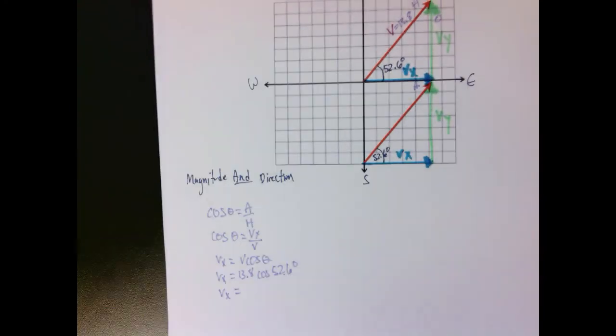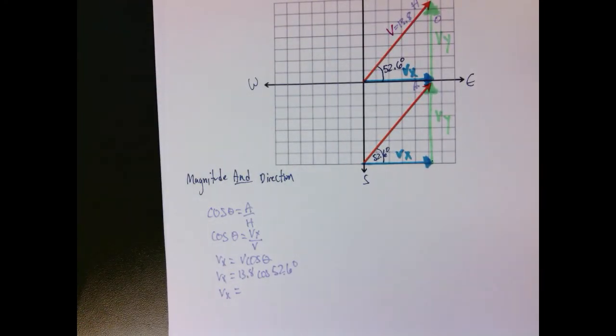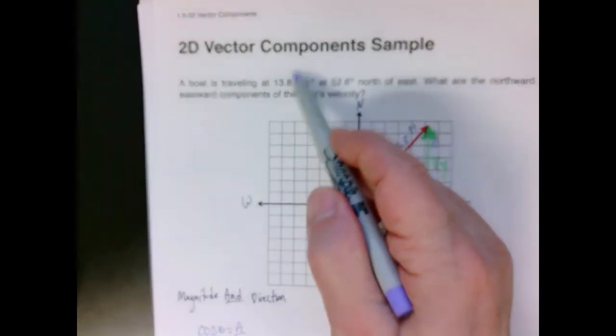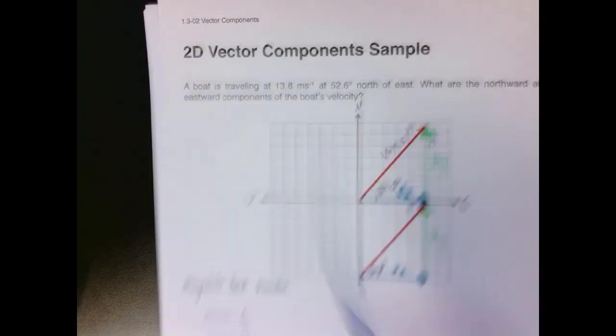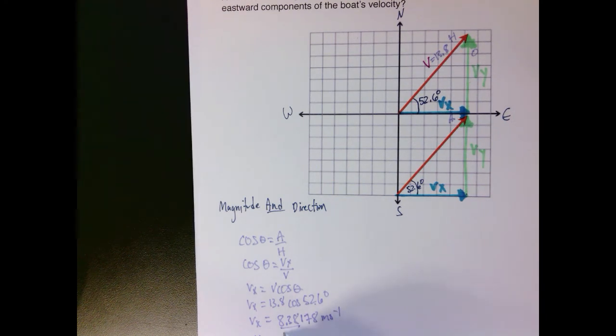So we see that Vx is 8.38178 meters per second. Going back to our original data, we have 3 significant digits, so our answer will be 3 significant digits. So Vx with the proper significant digits is 8.38 meters per second. That's Vx.